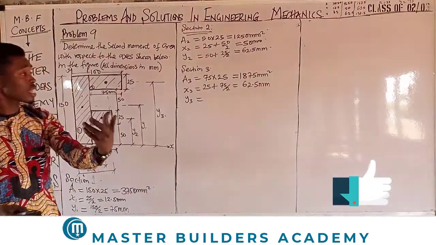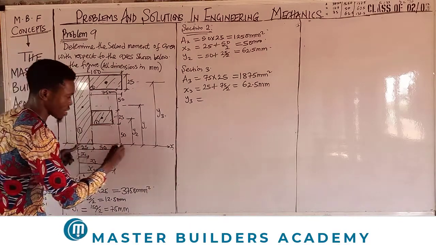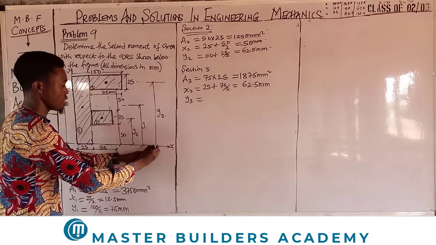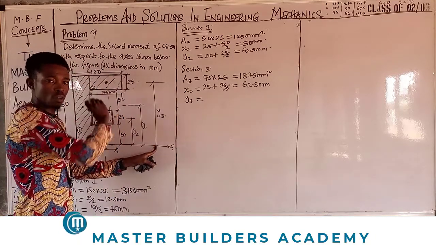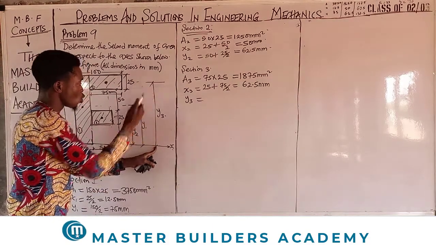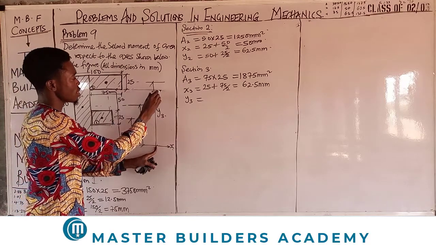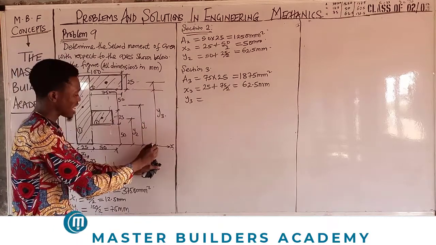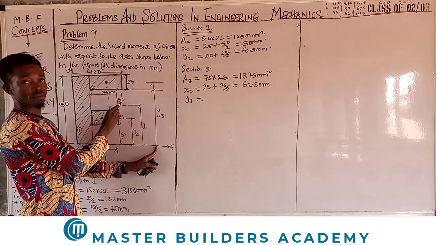Are you there? Now let's get the centroid in the Y direction. This is our reference line now that we are considering Y. From here to the center of section 3 is the centroid of Y of section 3. Before we get to section 3, where section 3 starts from, we have already passed a distance of 50, 25, 50.